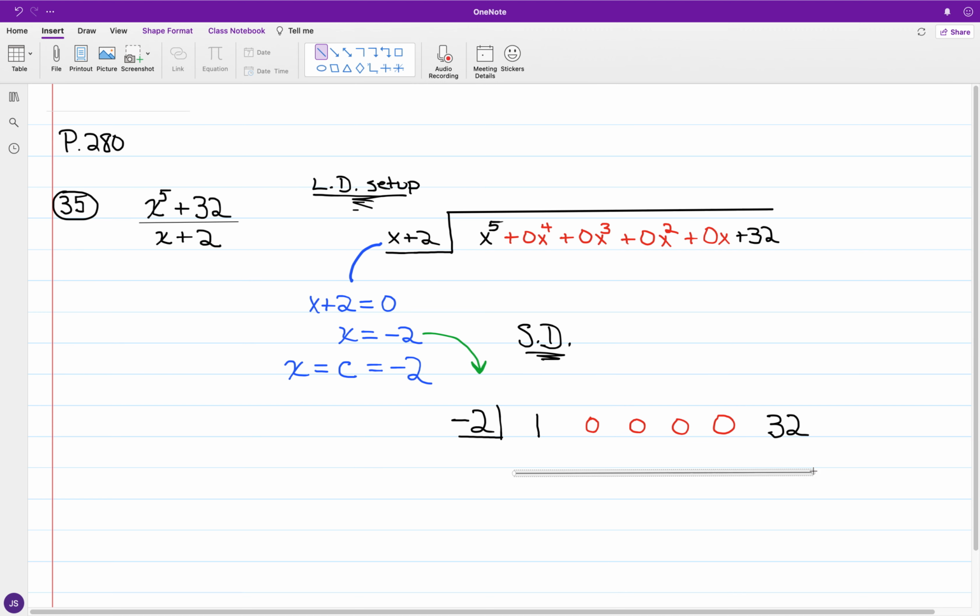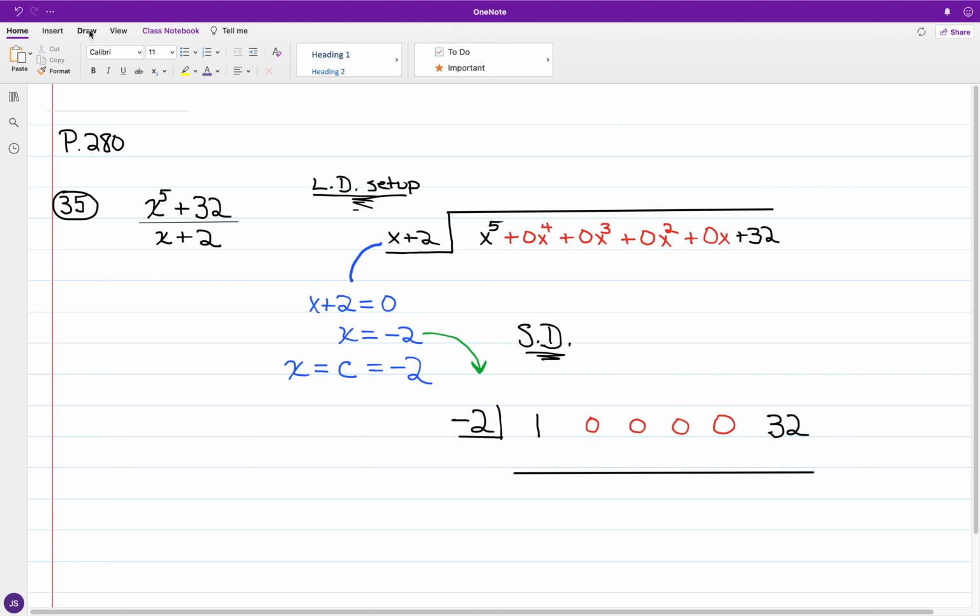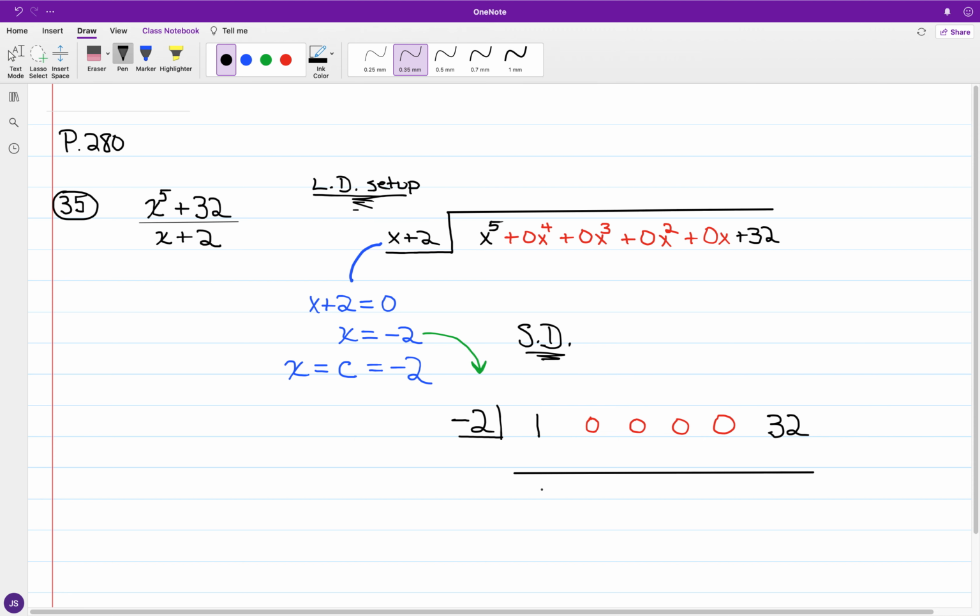Initiating the synthetic division, the leading coefficient of the dividend is also going to be the leading coefficient of the quotient. As we bring down 1, we have 1 multiplied by negative 2, and the product is negative 2, so this will be taken to the next column.